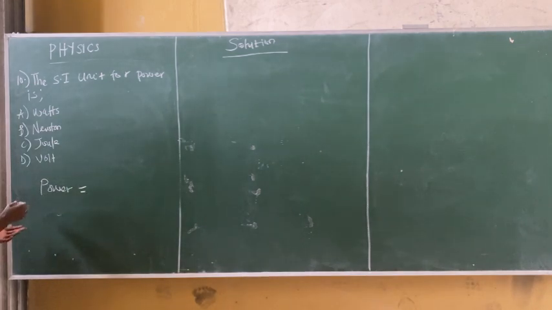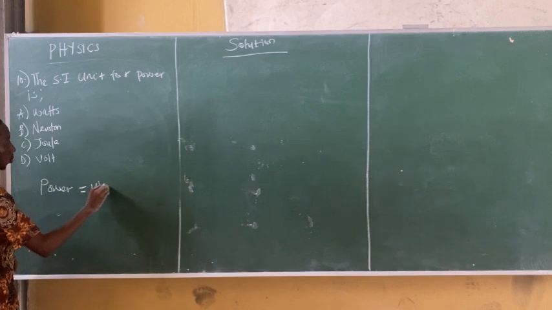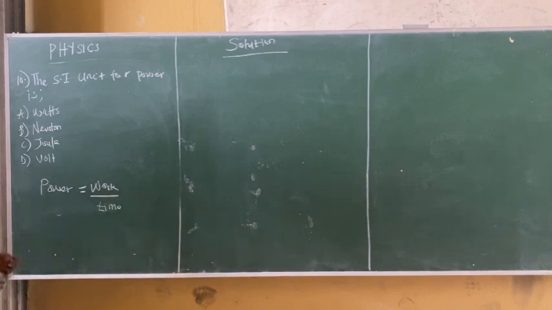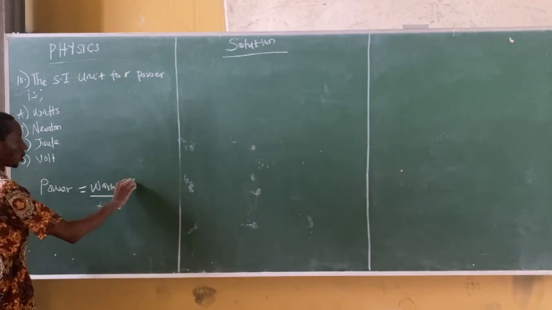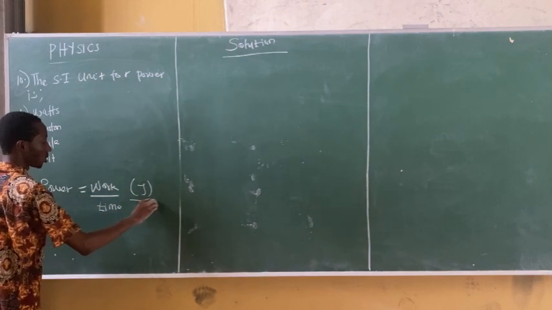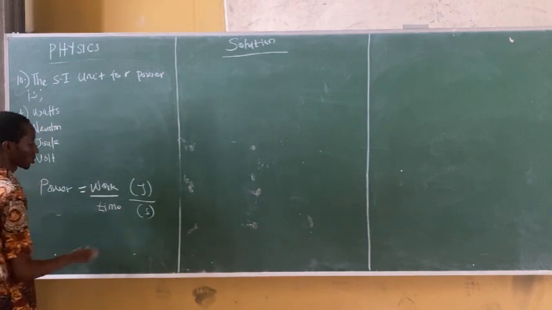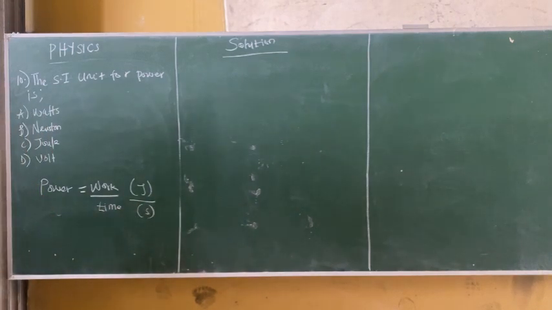So mathematically it is expressed as power is equal to work done over time. The unit for work done is joules, and the unit for time is seconds. Now this is the same thing as power is equal to joules per second.